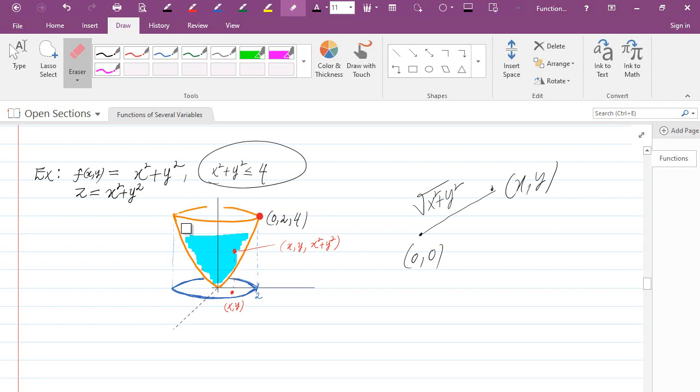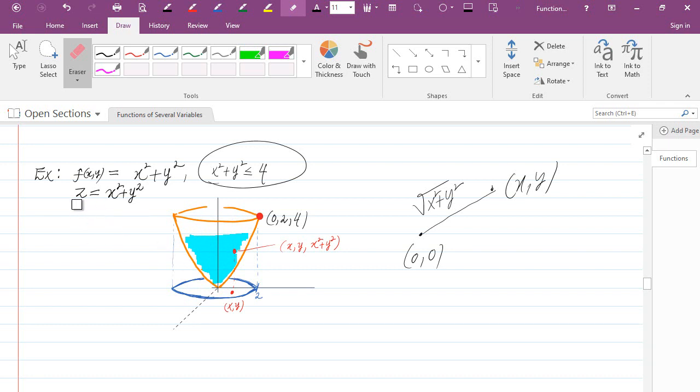We're not getting the entire paraboloid. We are only getting the part of the paraboloid that is right above this disk of radius 2.